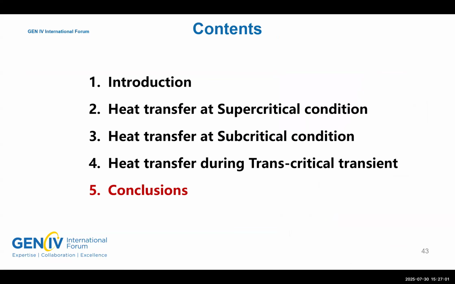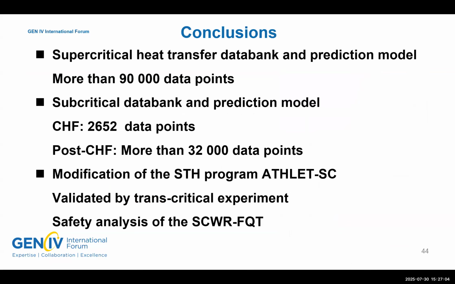And finally, I will go to the conclusions. As we talked about, I think the SCWR has a lot of advantages, but it also has a lot of challenges due to the design geometry and the supercritical thermal properties.